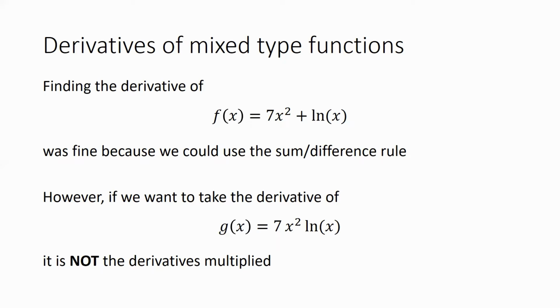That would not work out. So when you multiply two different types of functions together, the derivative is not the derivatives of the two individual functions being multiplied.